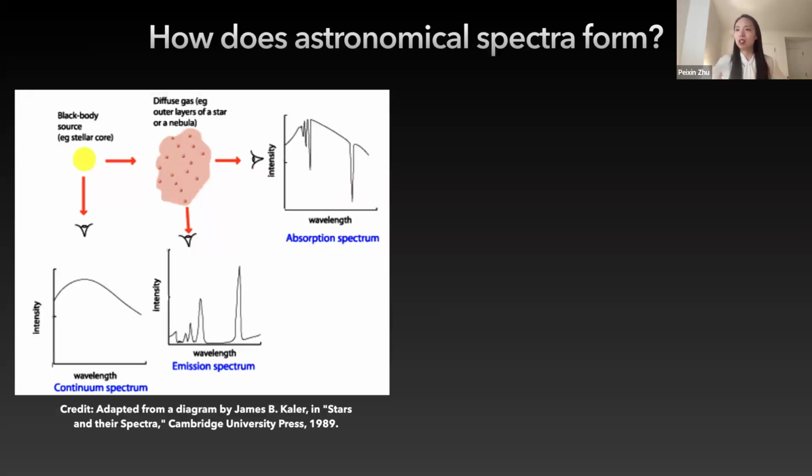But in addition to that, you also have a couple of emission lines, as shown in the bottom right figure, where at certain wavelengths you have an excess of flux. This emission line can also tell you about the properties of this diffuse gas. It can tell you the density and also the composition. In astronomy, people call it metallicity.